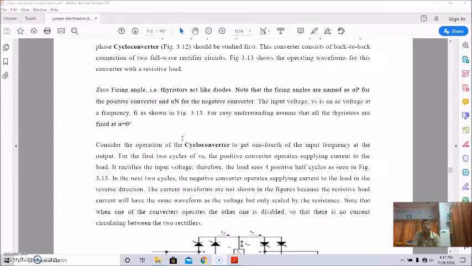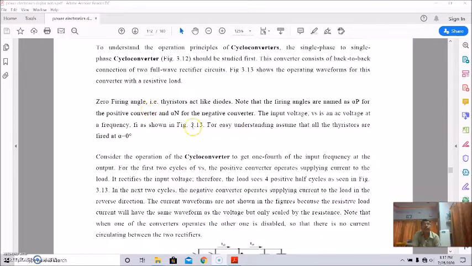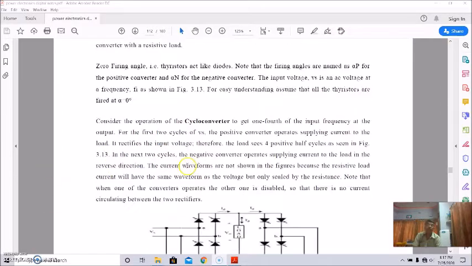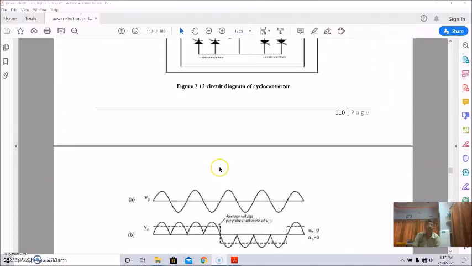Now we can consider figure 3.13 for simply understanding, assuming that all thyristors are fired at alpha equal to 0, delay angle equal to 0 degree.